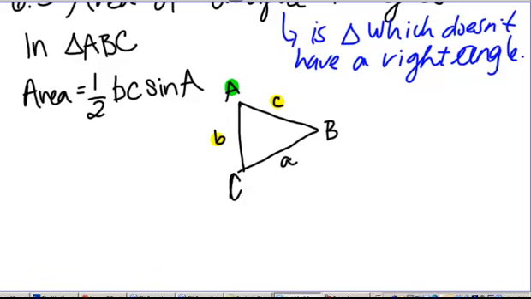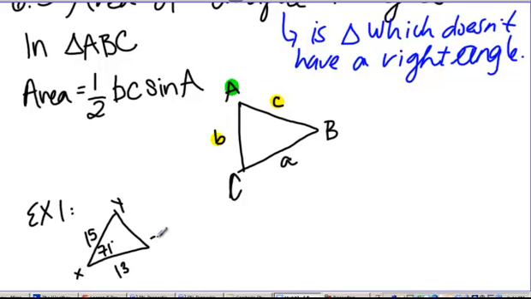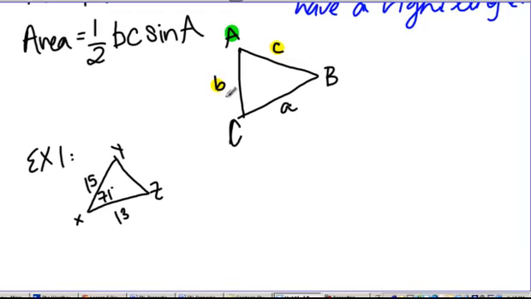So let's work a problem out. Example 1. I want you to find the area of this triangle. So you have 71, 15, and 13. Just because I think some of y'all get so used to ABC, I don't want it to hinder your understanding of the concept. So notice, it's the two sides between the angle.